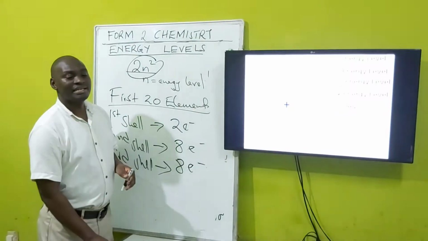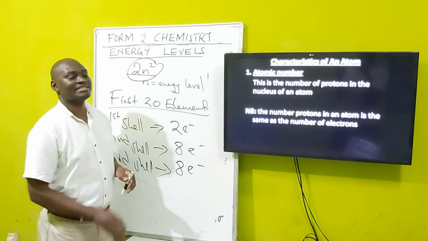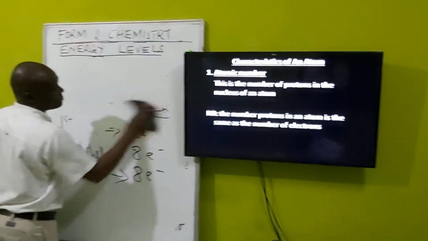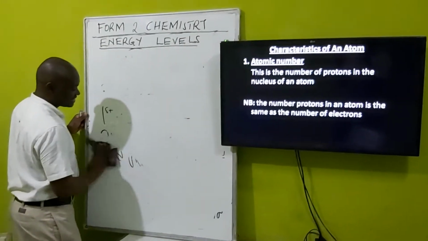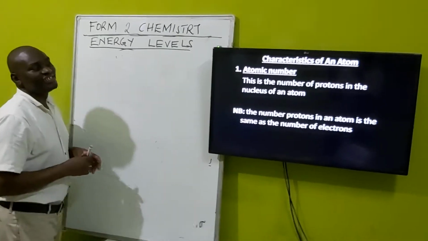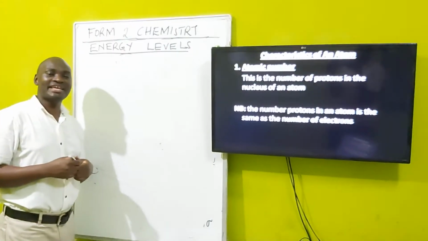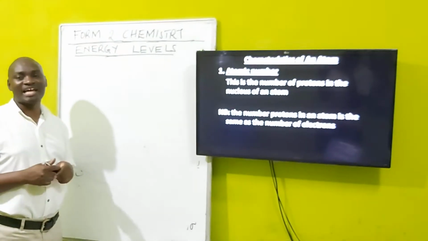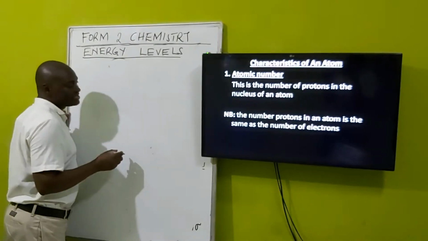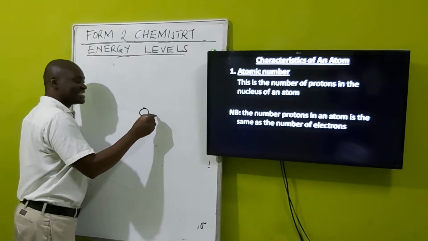Now, let's look at the characteristics of an atom. How do you identify an atom? The properties of an atom. How do you look at an atom? We say this is an atom of oxygen.